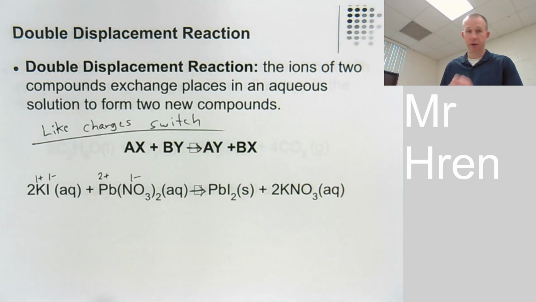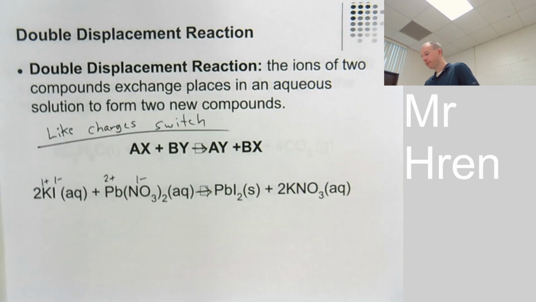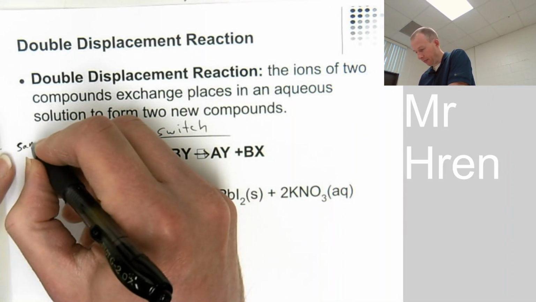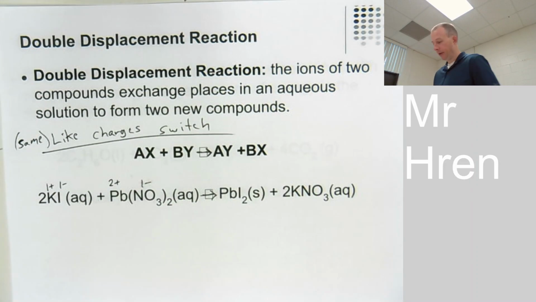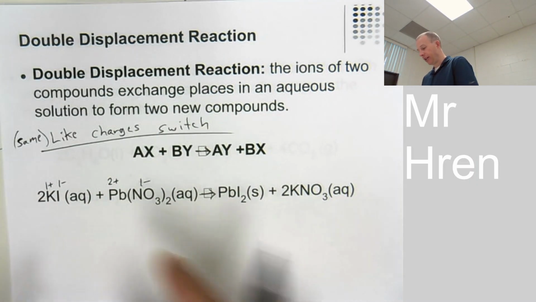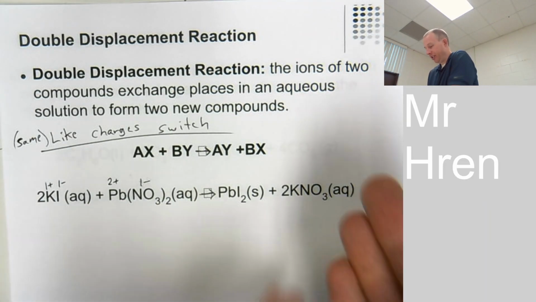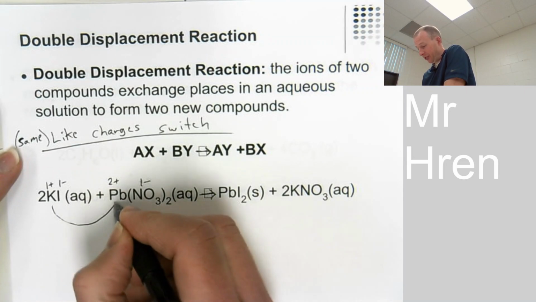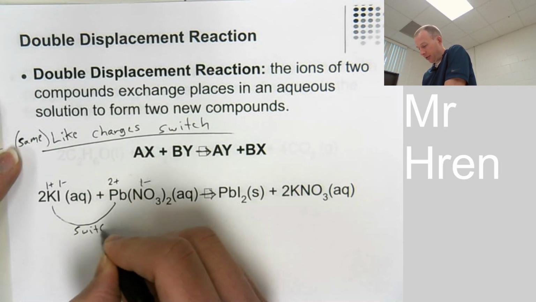Like charges are going to trade places. In this case, it doesn't make a difference. You can pick the positives or the negatives. It doesn't matter because you get the same result either way. So I always just do the first two. We're going to say that these two are going to switch. They're going to trade places.